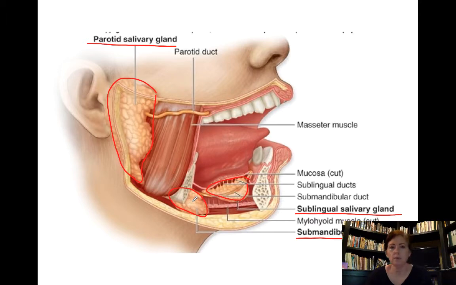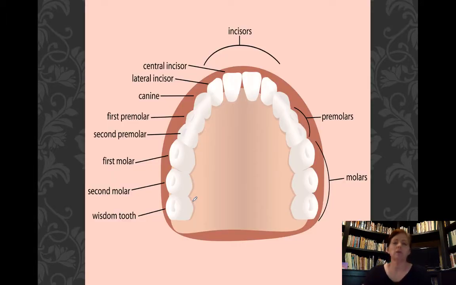We also have teeth. Teeth play a big role in mechanical breakdown of food. If we look at teeth, we can break it down into two sets of teeth. You've got your primary teeth, which are your baby teeth that you get when you're little.